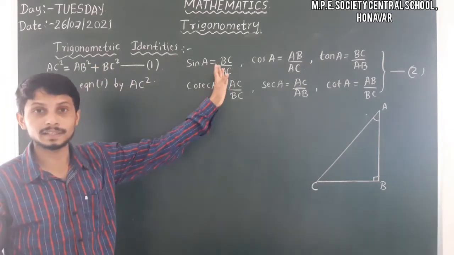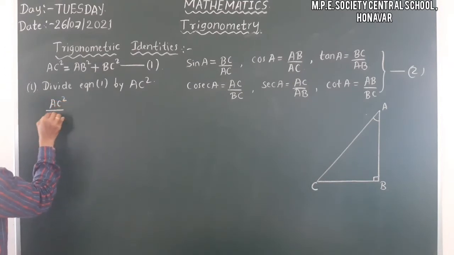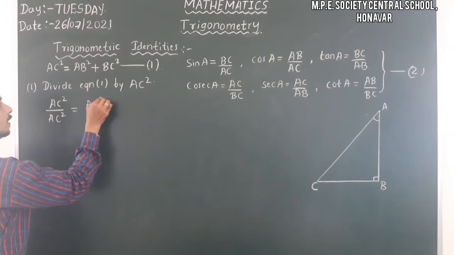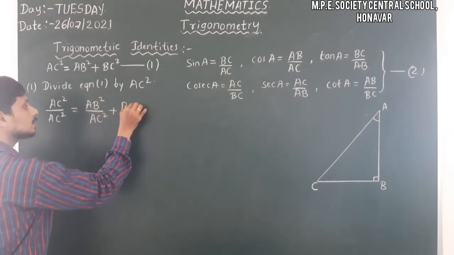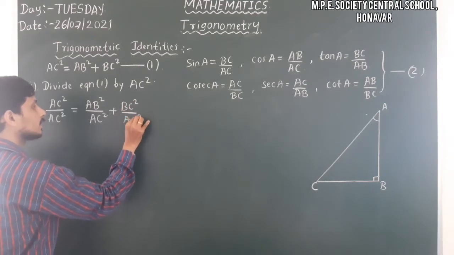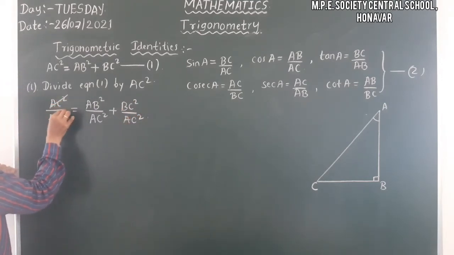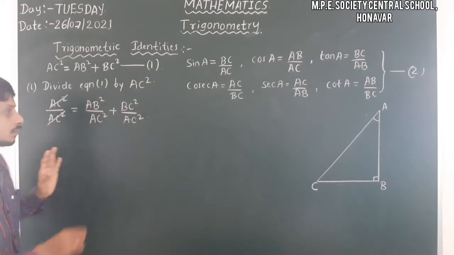That is AC square divided by AC square is equal to AB square divided by AC square plus BC square divided by AC square. Just observe, AC square gets cancelled, so it becomes 1, and the remaining terms stay as they are.